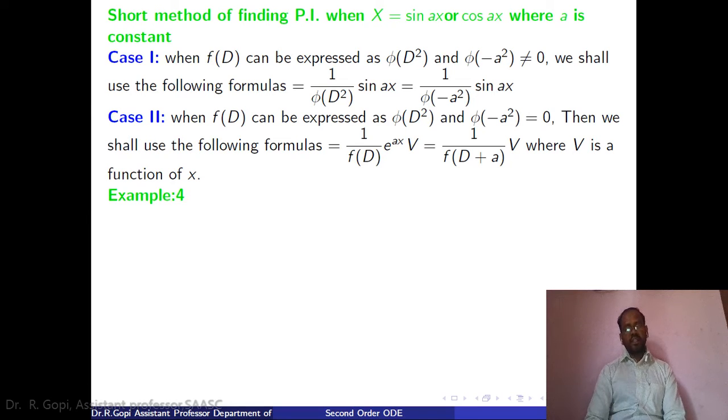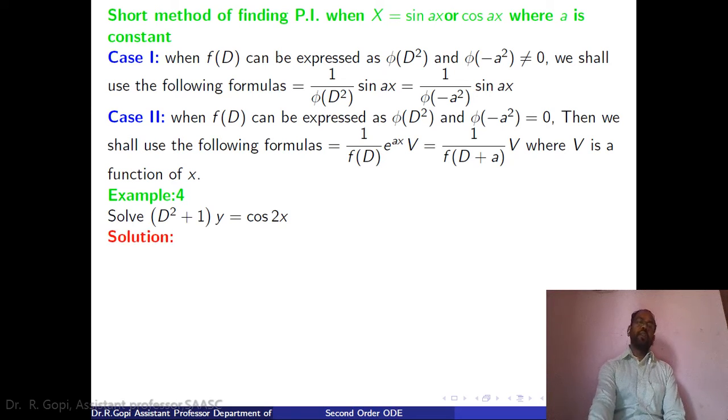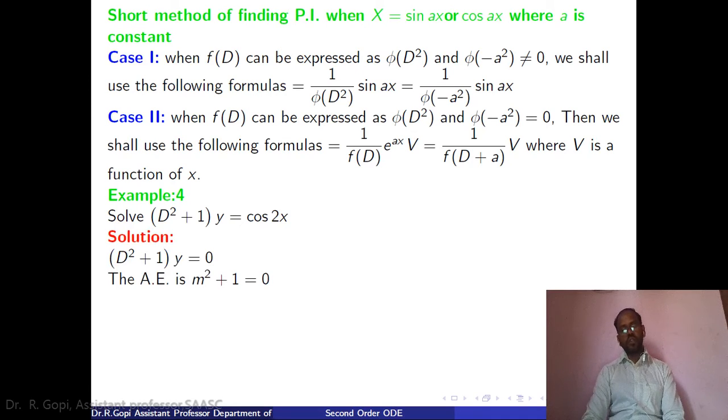Then another example for this type. Solve D squared plus 1 into cos 2x. The given differential equation is second order and non-homogeneous. Here capital X is nothing but cos 2x. Then we have to find the auxiliary equation as in the previous problem. The auxiliary equation is m squared plus 1 equals 0, m equals plus or minus i.